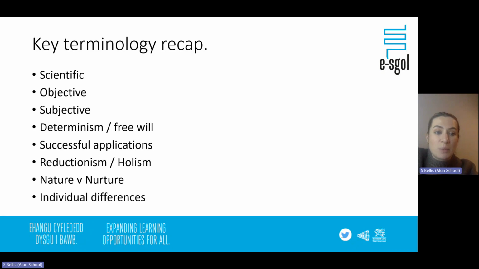So starting off with the word scientific. Scientific means that something is either done with scientific equipment, so equipment that looks into the brain, or it is something that is controlled and standardized, something that is the same for everybody.